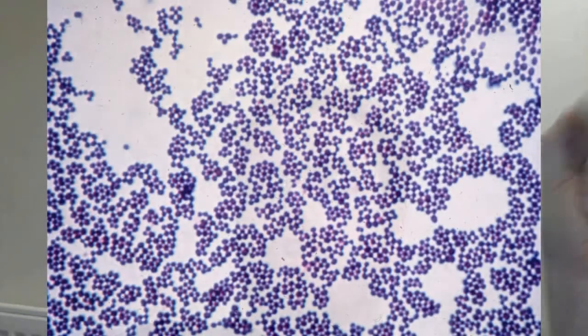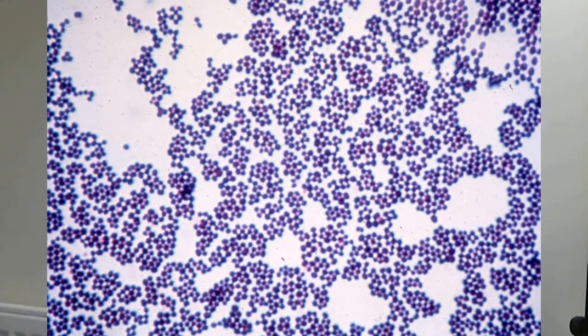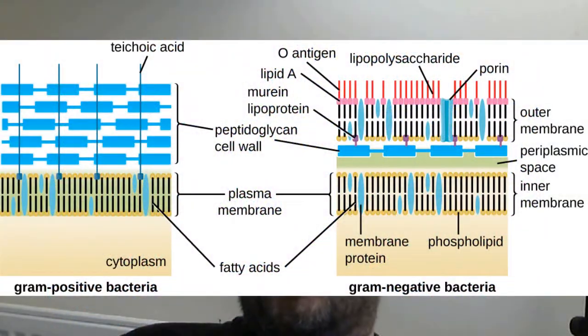Now, gram positive bacteria are stained dark purple by the stain and have got a thick cell wall made up of layers of peptidoglycan and molecules called teichoic acids. Now, these teichoic acids make the cell walls more rigid by attracting magnesium and sodium ions. Basically, they weld armor plate into the cell walls.